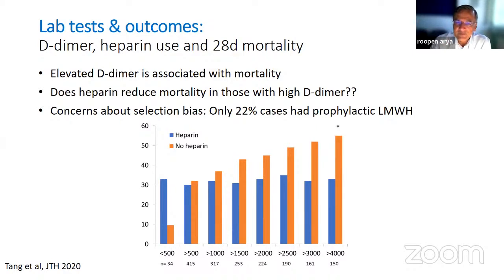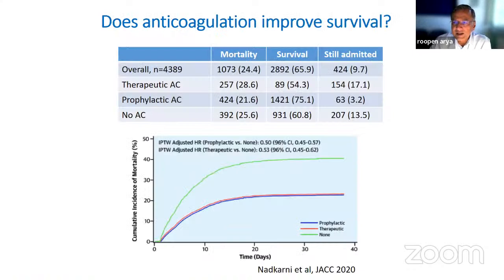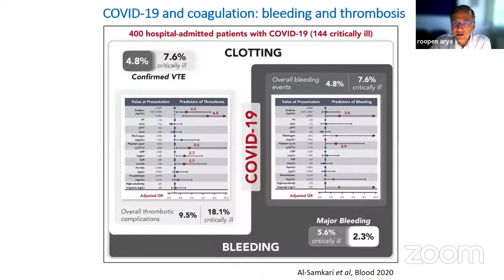But again, this idea that D-dimer is linked to worse outcomes and worse mortality, and that the use of anticoagulation could mitigate that. Again, there were large observational studies from New York at the time that hinted that anticoagulation, whether prophylactic or therapeutic, might help improve survival.